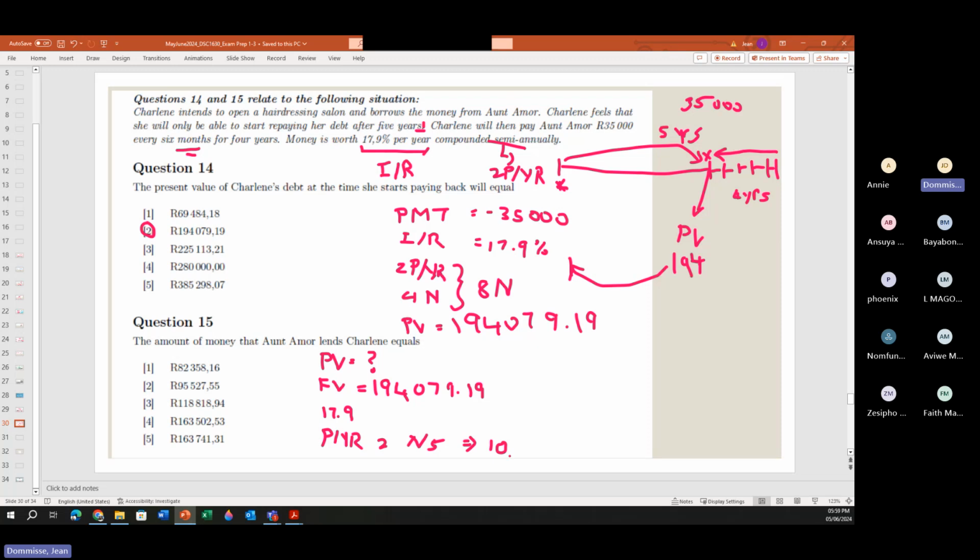We've got the future value of 194,079.19. And then the present value that I get, let me just check I've not done something wrong, the present value that I get is 82,358.16.